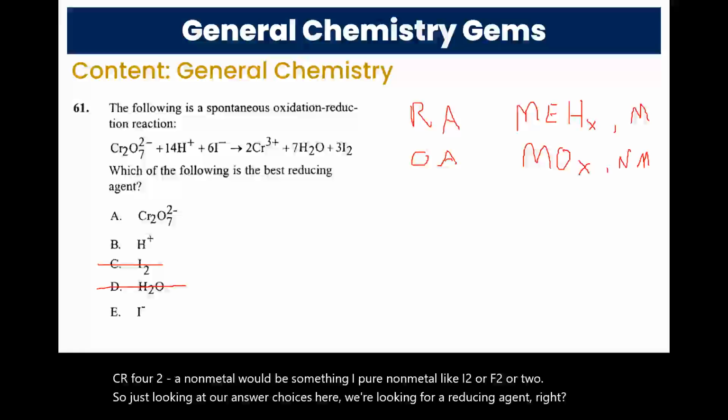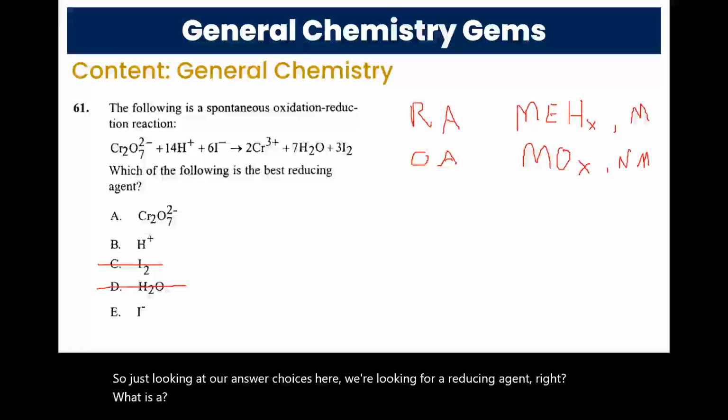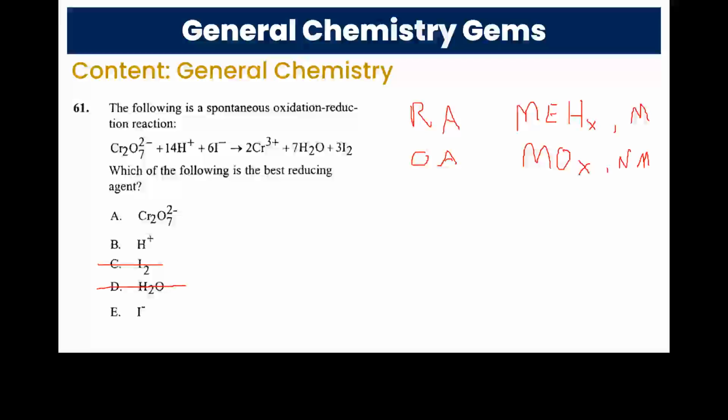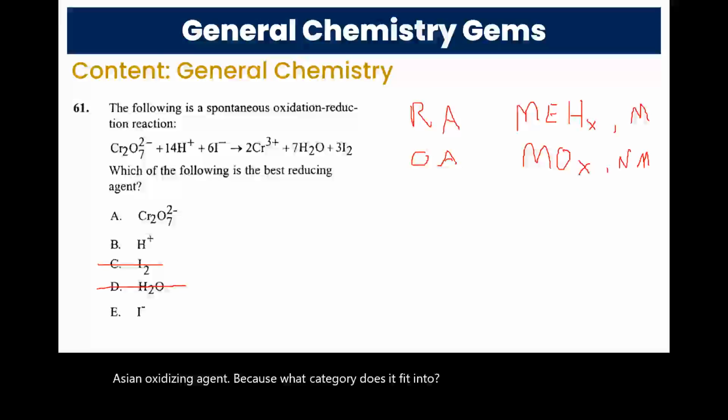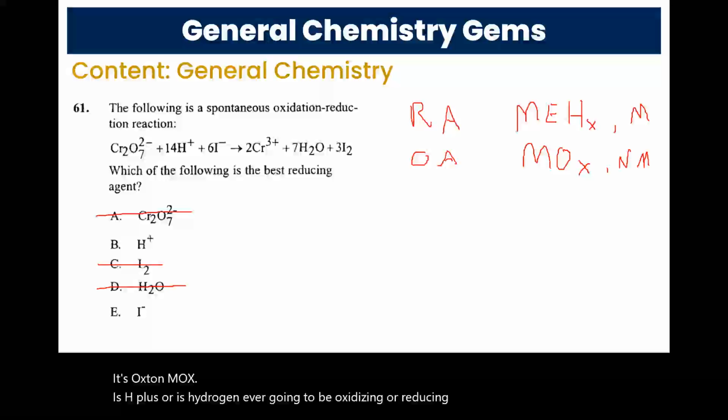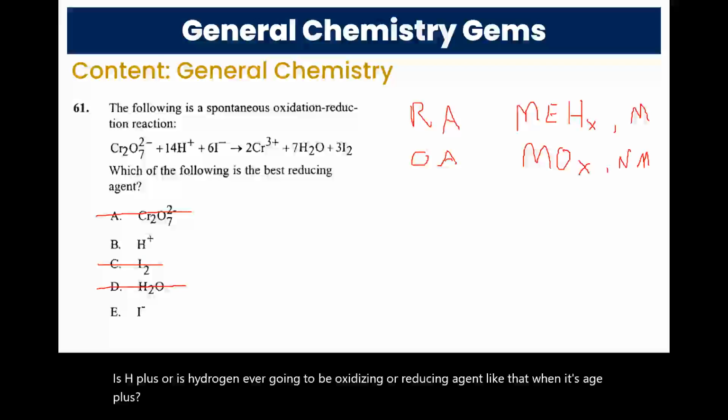Well, what is A? A is an oxidizing agent because what category does it fit into? It's an MOX. Is H plus or hydrogen ever going to be an oxidizing or reducing agent like that when it's H plus? And this is just a fact you should know.